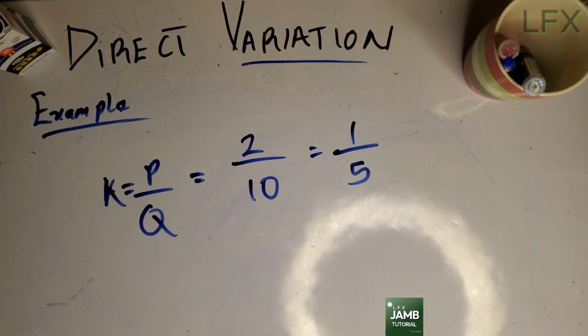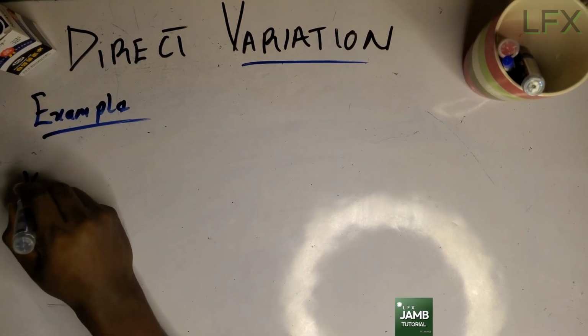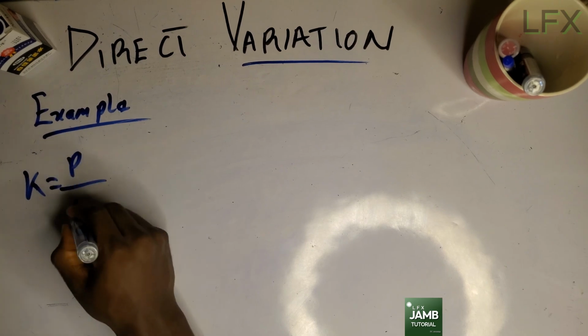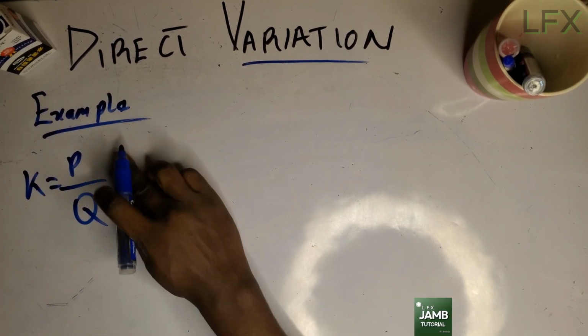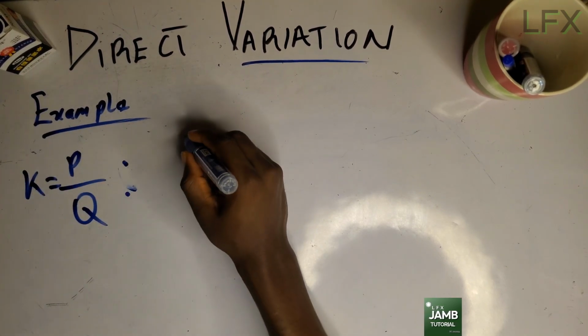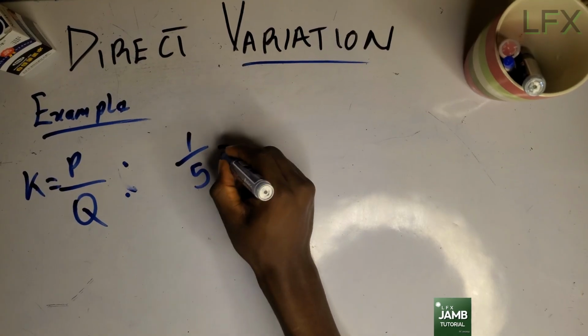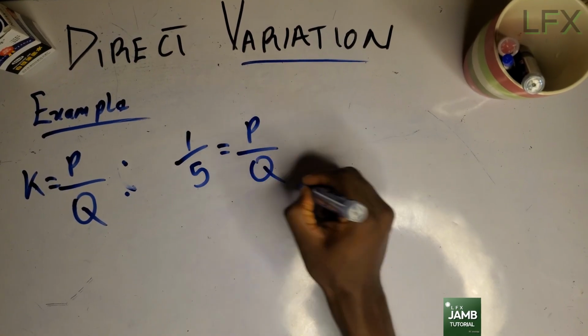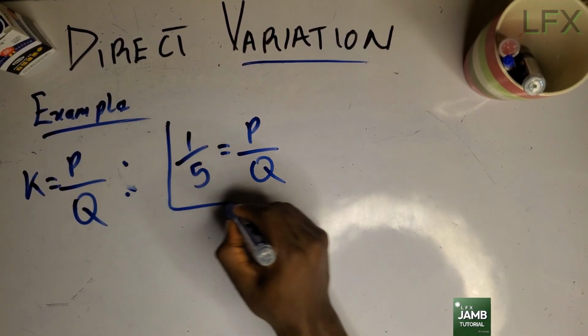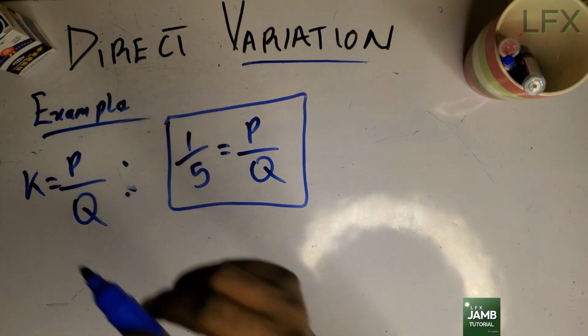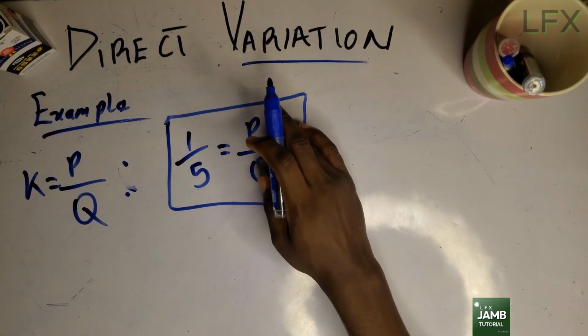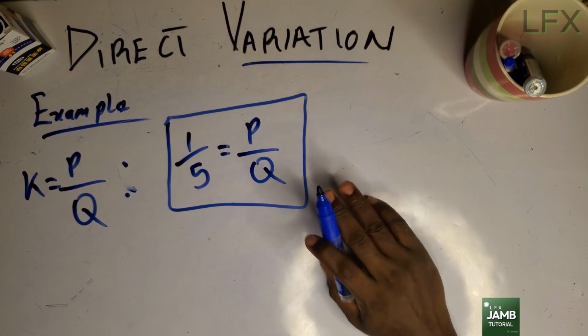Now we have an equation like this. So instead of writing K equals P over Q, which we know already, we write 1/5 equals P over Q. This is the equation of the relationship between P and Q. Very easy.